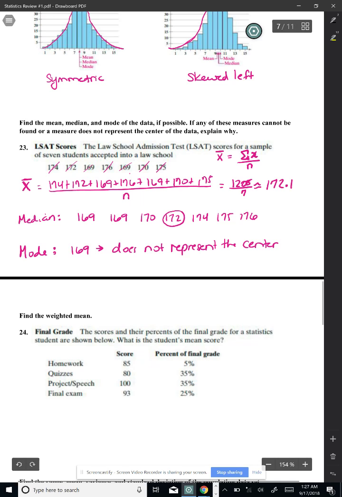So it's definitely not the center of the data. So it does not represent the center because it is the smallest number. 172 is definitely in the middle, and the mean was 172.1, which is also in the center, in the middle.